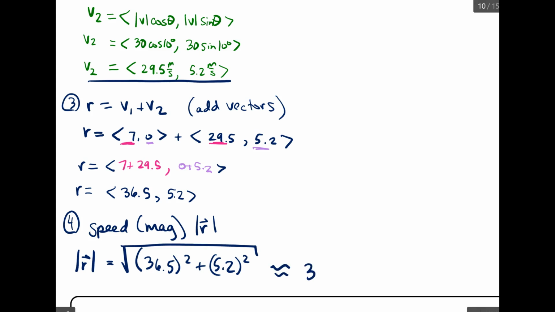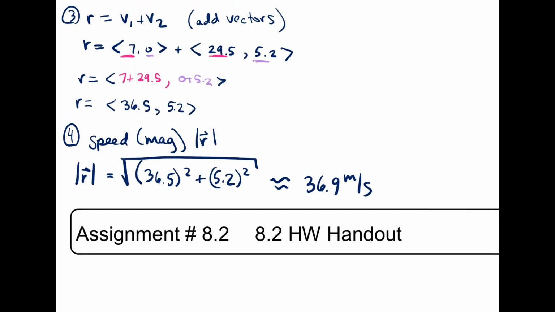It's basically equivalent to 36.9 meters per second. Because remember, these are all meters per second. It's a speed. And then this fifth and last step, nice and short. What is that? Can you see a little better? 36.9 meters per second.